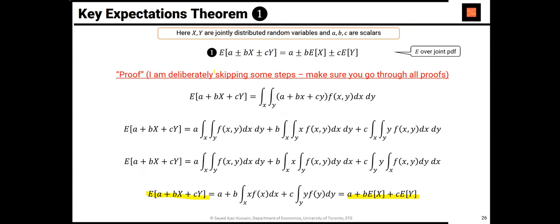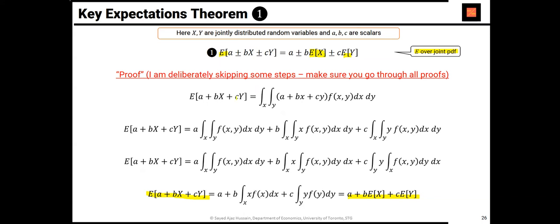Remember, I've spent some time showing you how expectations can be done over joint distributions or marginal distributions. So anytime you see such a creature in Angelo's course or anybody else's course, the first question you're asking is, with respect to what density am I doing this? And I'm telling you, you're doing this over the joint PDFs.